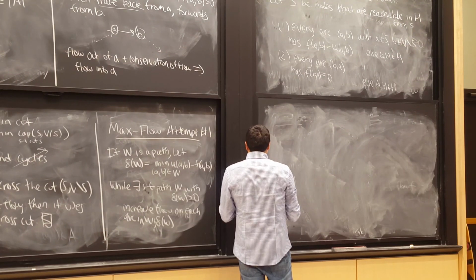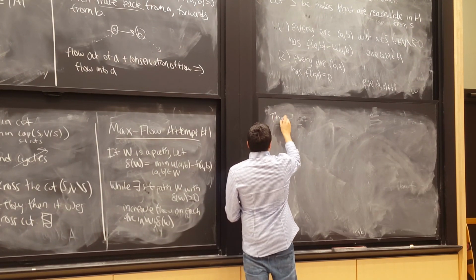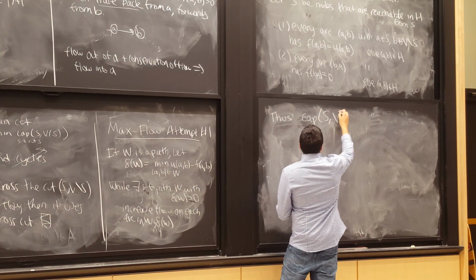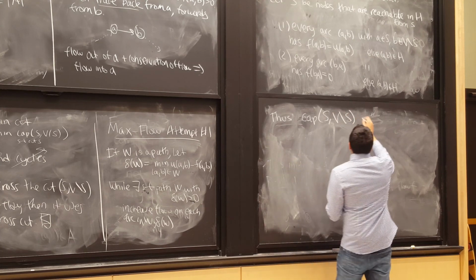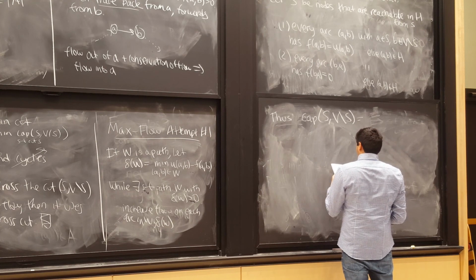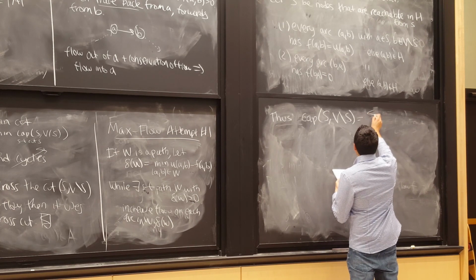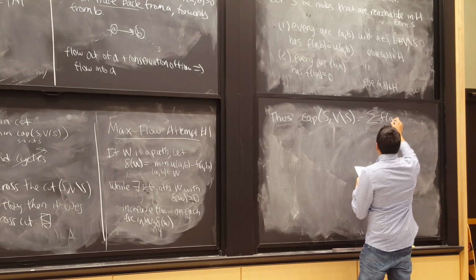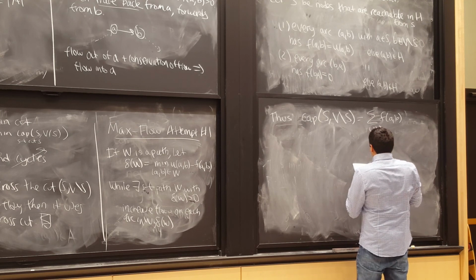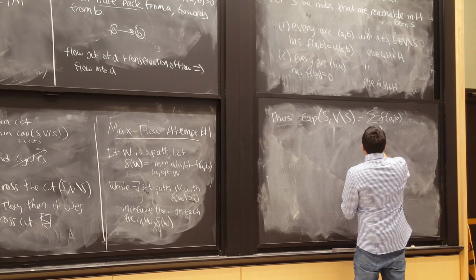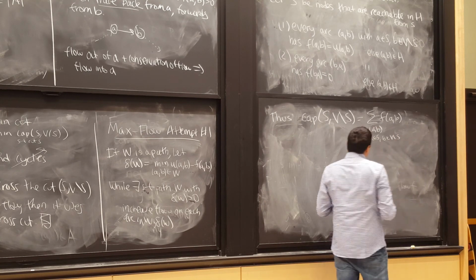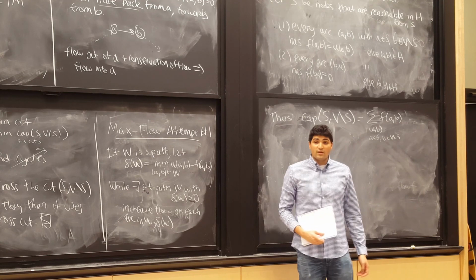Conditions are met at termination. Well, what I claim is that we can now draw some strong conclusions, because if we take the capacity of this cut, first of all, the capacity of this cut is actually equal to, just by definition, the values along all the different edges going forward, which are now the same as the capacities, right?